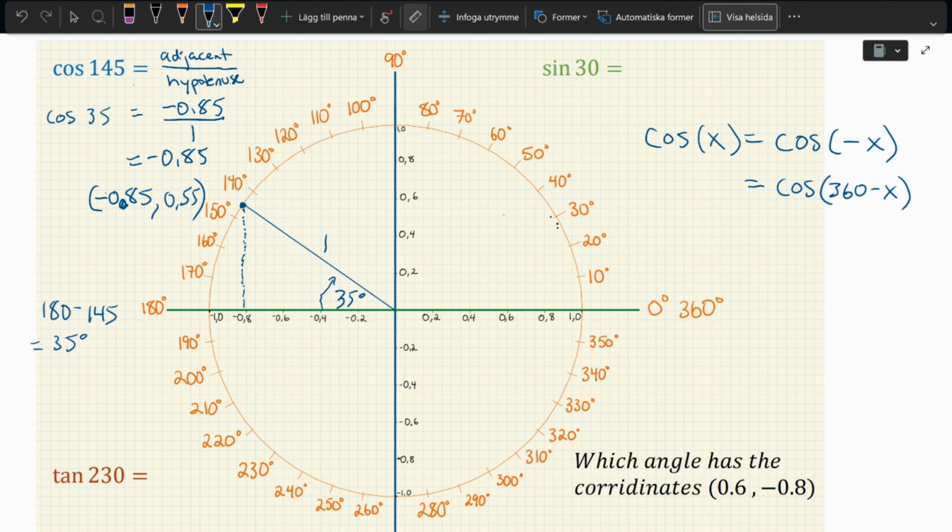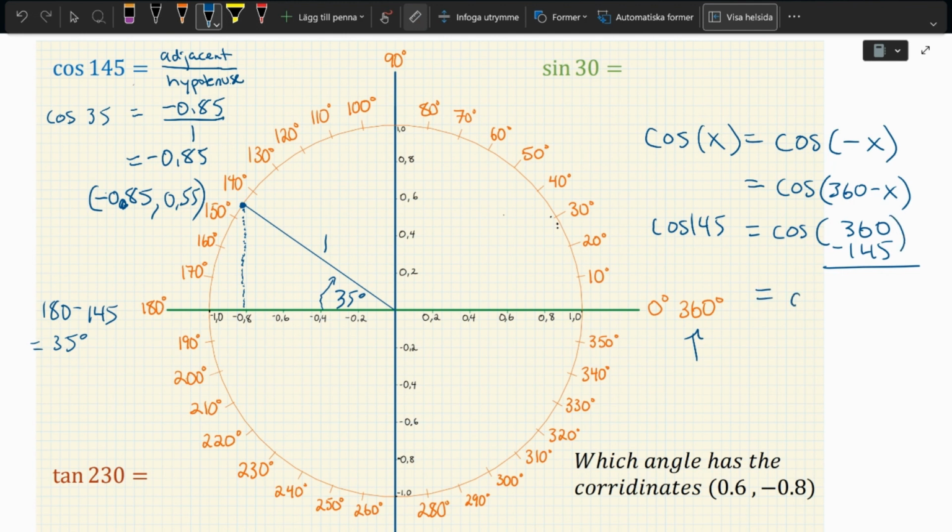Imagine we started at 360 and went back this way as much as the angle that we had. So the cos of 145 will also be equal to the cos of 360 minus 145.